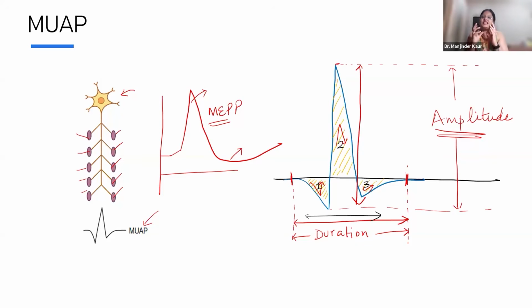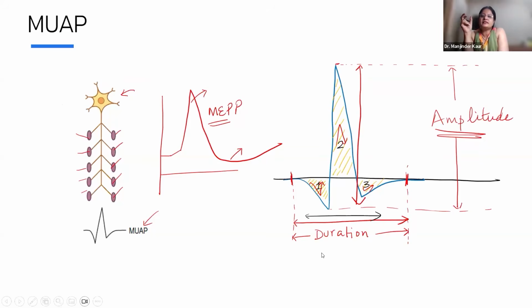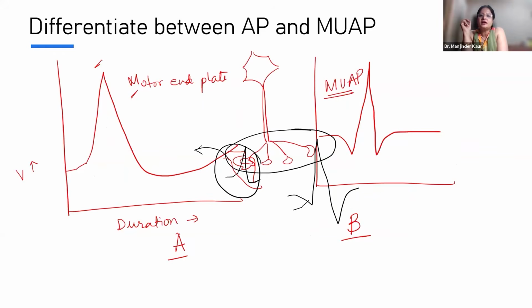Some of the fibers which are very close to the needle while you are inserting it in the muscle fiber will constitute the amplitude here, right? So it is the duration which is important. A motor unit with more number of muscle fibers will have a broader duration, and in some of the cases, this is the very simple type of motor unit action potential.